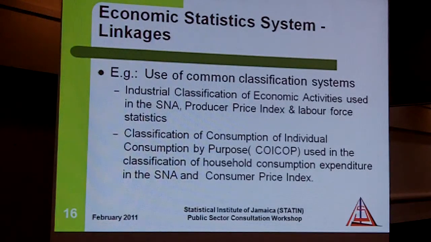You will have from the SNA household consumption on that item. So one can even relate and come out with what real consumption took place, because the price index takes away the price effect and gives you what is real consumption. Again, if you don't have the same classification, that analysis cannot work.